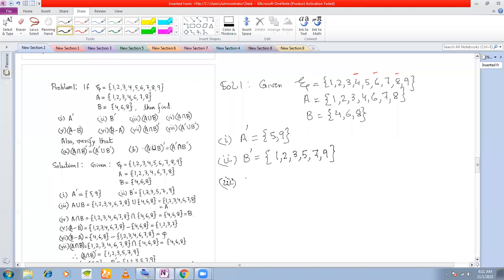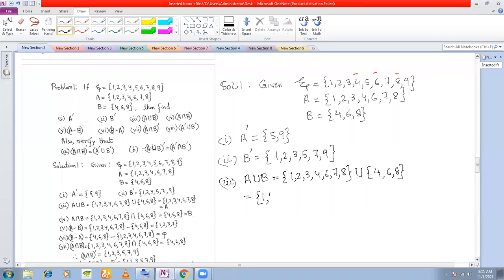Next, A union B. A union B, if you see, A is this set, union, and B is, so what should be the union of these two sets? Take each element of A and B and write them once. Okay.